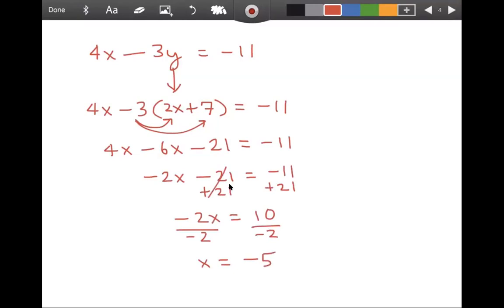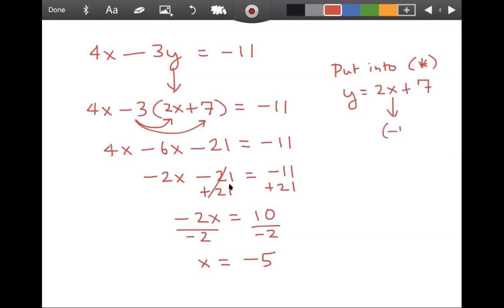All right, so now we'll finish it up by putting that value into equation star, which remember was y equals 2x plus 7.